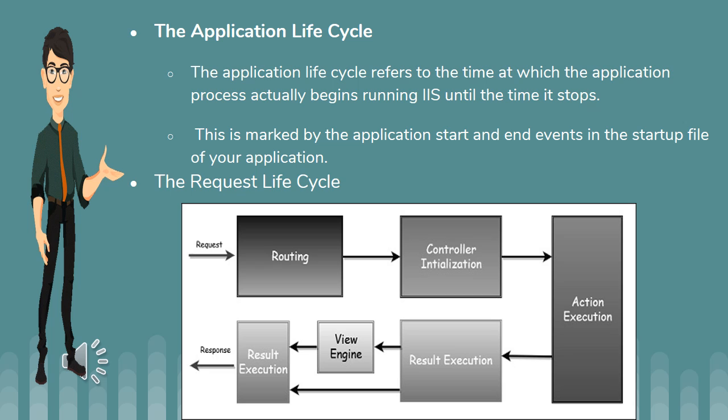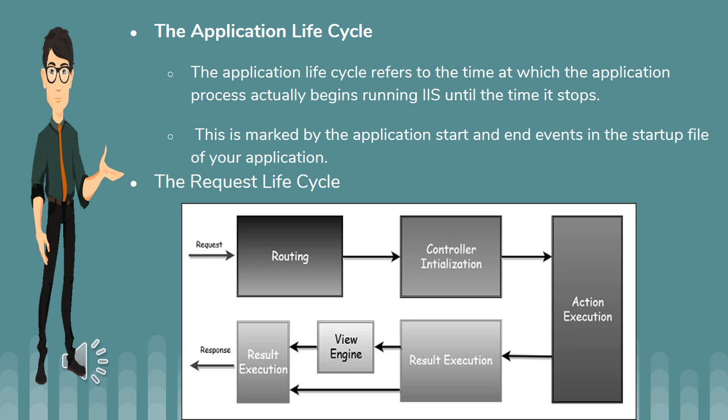The request life cycle is the sequence of events that happen every time an HTTP request is handled by our application. The entry point for every MVC application begins with routing. After the ASP.NET platform has received the request, it figures out how it should be handled through the URL routing module.